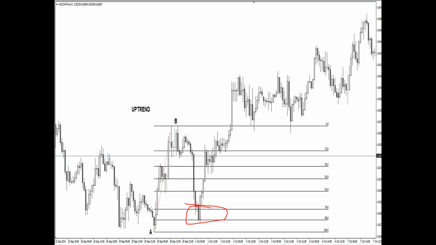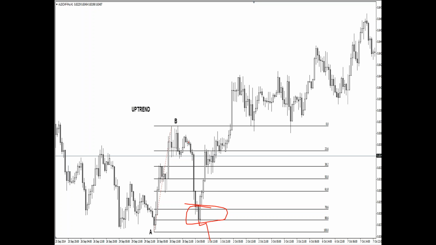And 78.6 and 88.6 are definitely our favorites. 88.6 may fool novice traders to think that this will be a reversal. In reality, 88.6 is just a deeper retracement. It's not a reversal. Don't forget it.